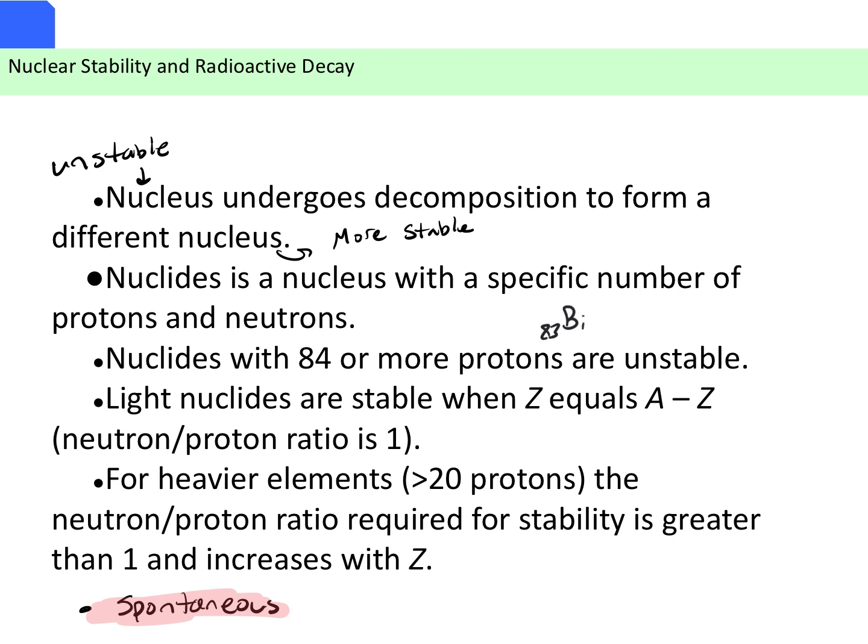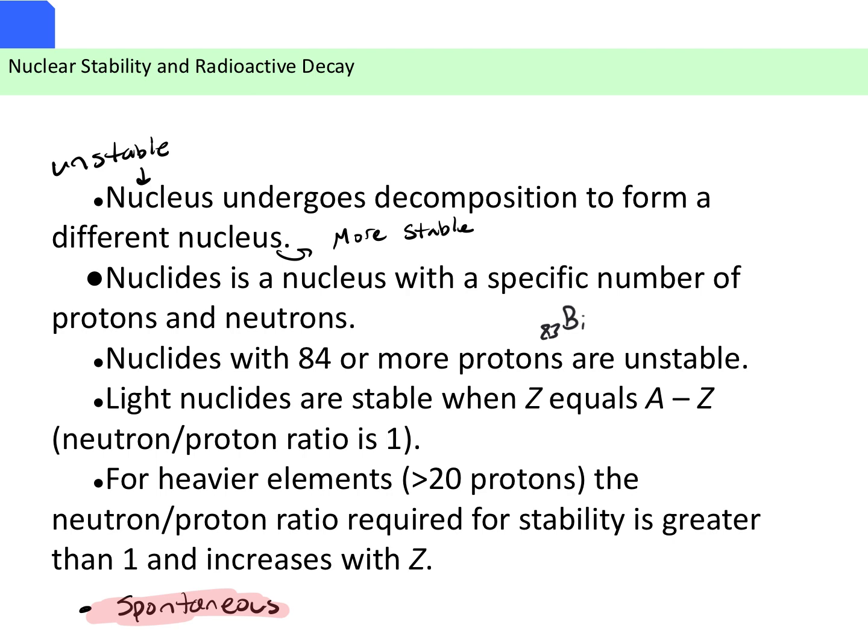For heavier elements, when the atomic number exceeds 20, so after calcium, the neutron to proton ratio does not necessarily equal 1 to 1. You start to get more neutrons per proton in these higher elements. For example, iron has 26 protons, and the most stable nucleus of iron has 30 neutrons, so it's not quite a 1-to-1 ratio.